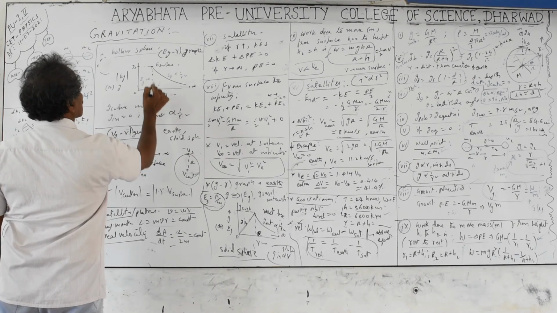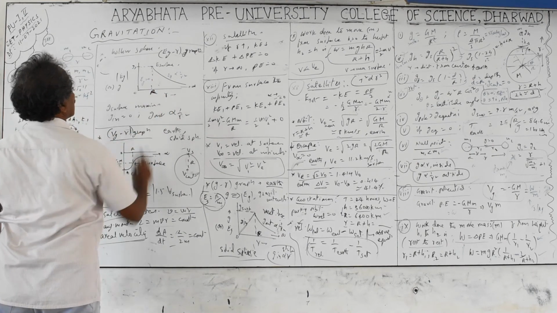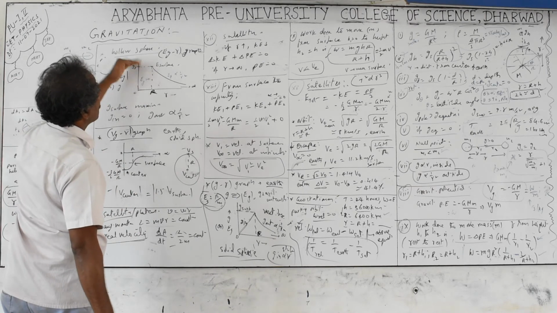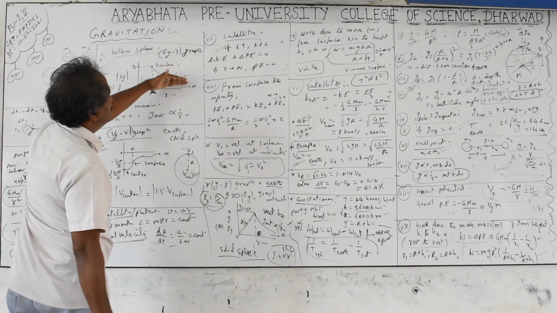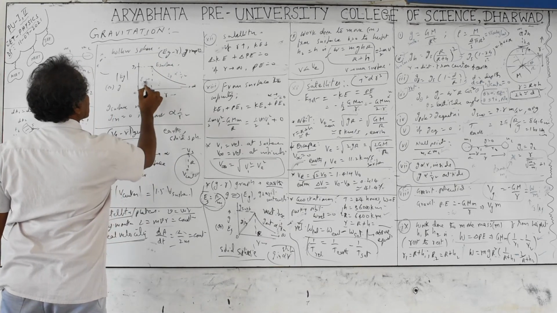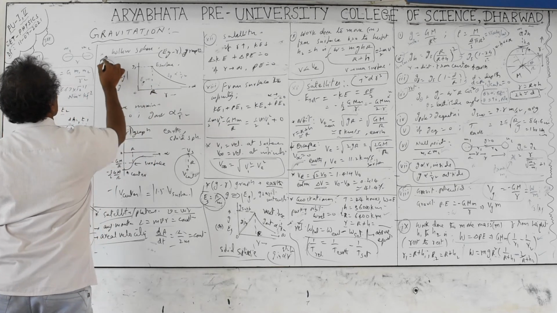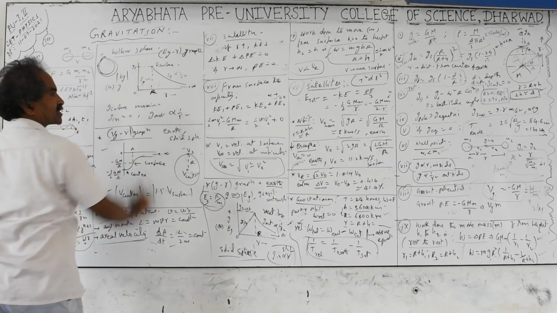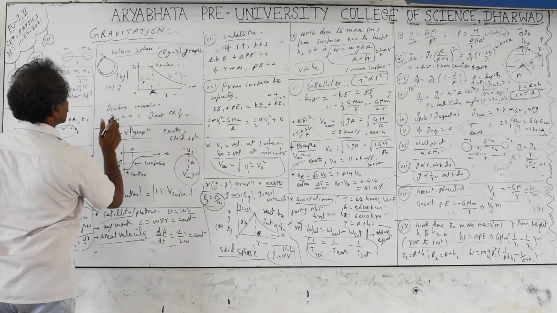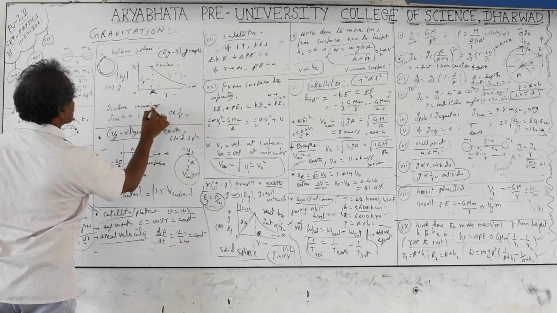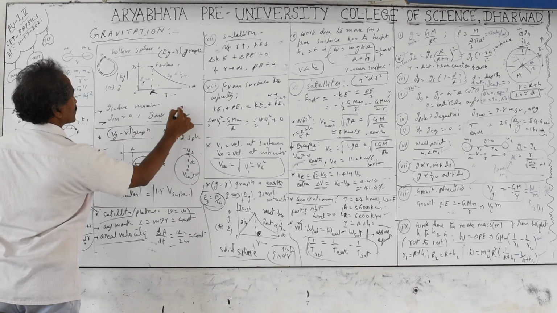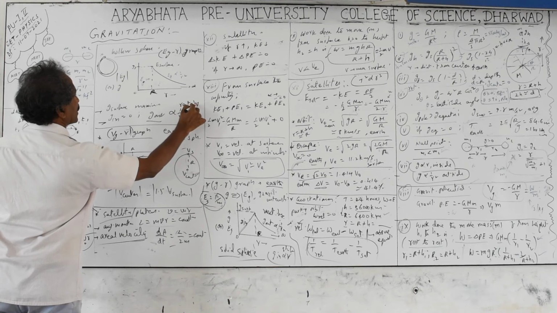The value of g, the acceleration due to gravity or gravitational intensity, starts from the surface maximum, outside inversely proportional to r square, so you get a rectangular hyperbola. And inside it is 0. Why? Because its attraction is equal, uniform in all directions, so the net field becomes equal to 0. One more thing they ask: g surface is maximum, g inside is 0, g outside inversely proportional to r square. So the nature of the graph is a rectangular hyperbola.